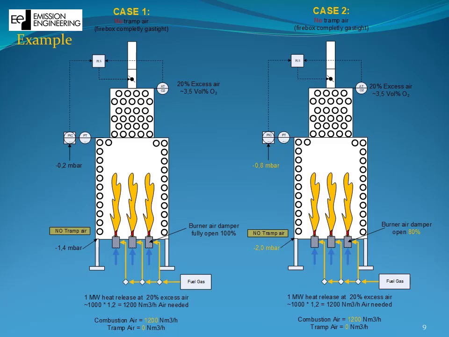In both sketches you see a furnace equipped with a combined automatic control loop for draft and oxygen. Assuming the firebox is absolutely gas tight, there will be no tramp air, meaning all combustion air comes in through the burner. As an example, we consider the heat release to be 1 megawatt in that fired heater. 1 megawatt requires stoichiometrically approximately 1000 Nm³ per hour of air.